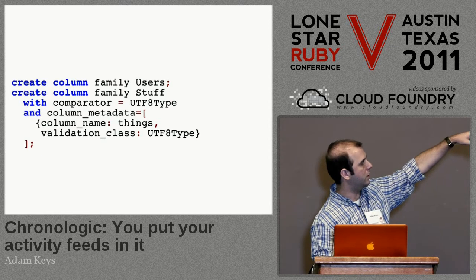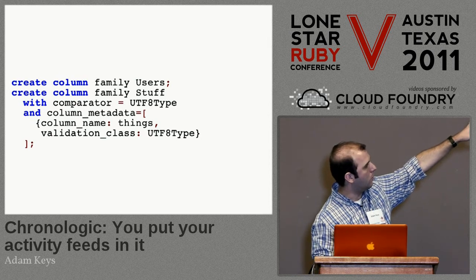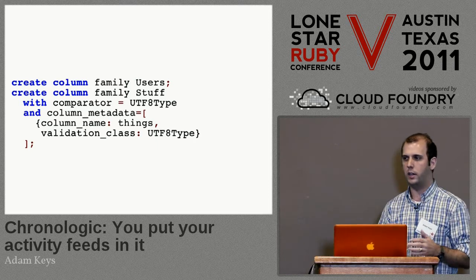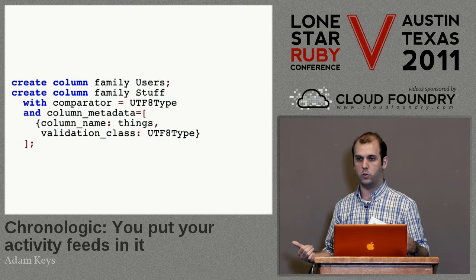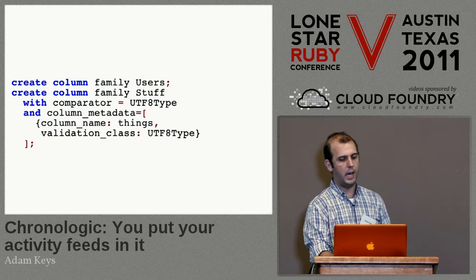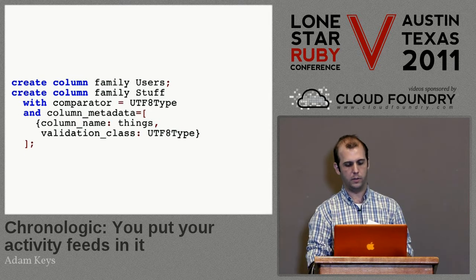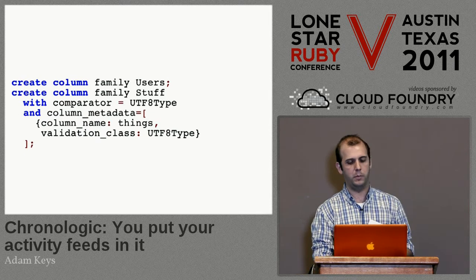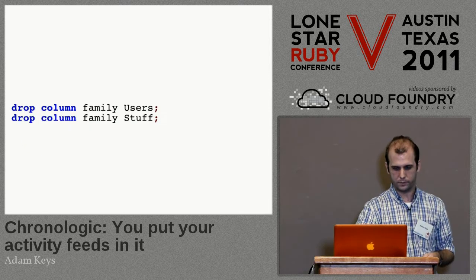The first version is the simple, easy version, and the second version is more specifying things with more detail. You're telling Cassandra how to sort the rows. You can do range queries in Cassandra, and how to sort columns, and how to validate what is going into them. And it's actually specifying a column name and saying this specific column name is sorted as UTF-8 characters.